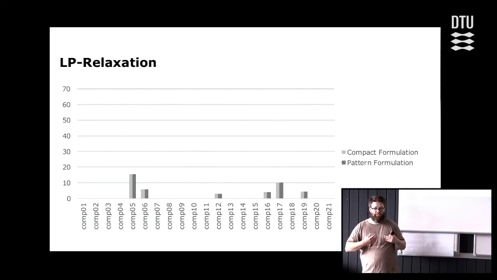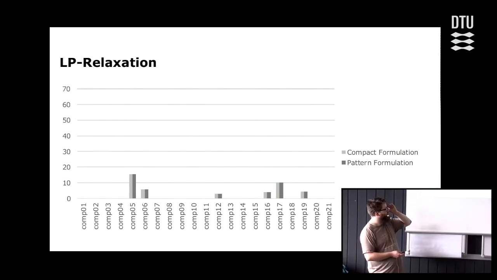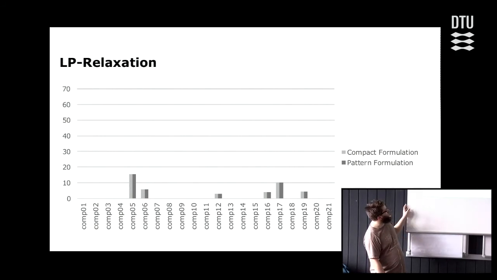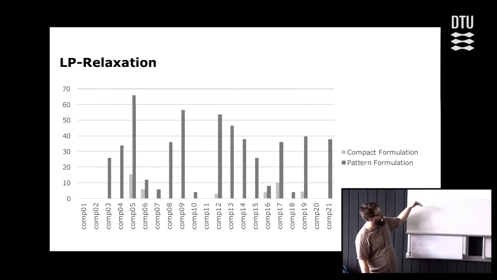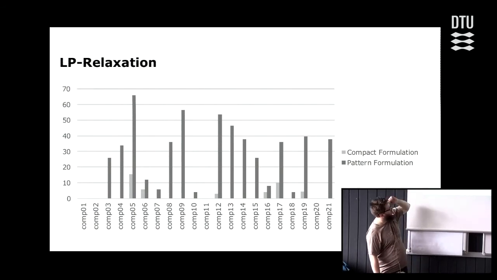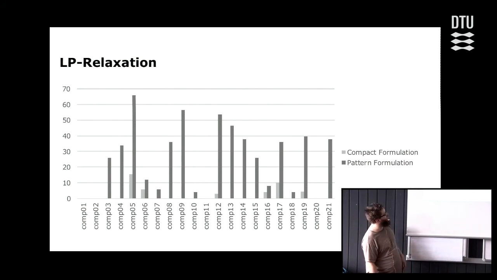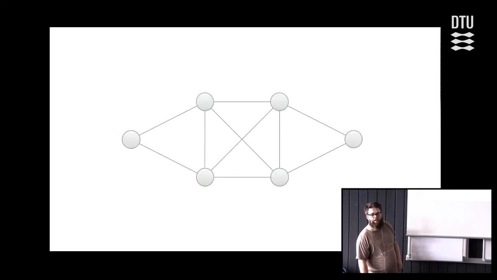We have a lot of different pre-processing tricks to eliminate many of the variables from the model. And then when we solve the LP relaxation after this, we improve the bounds. Now we get significantly better bounds than the compact formulation. And it can provide us with more help. We can generate valid inequalities that would be harder for the compact formulation.